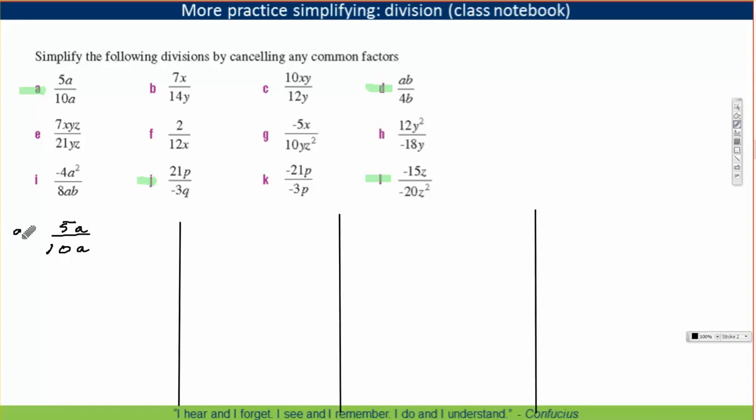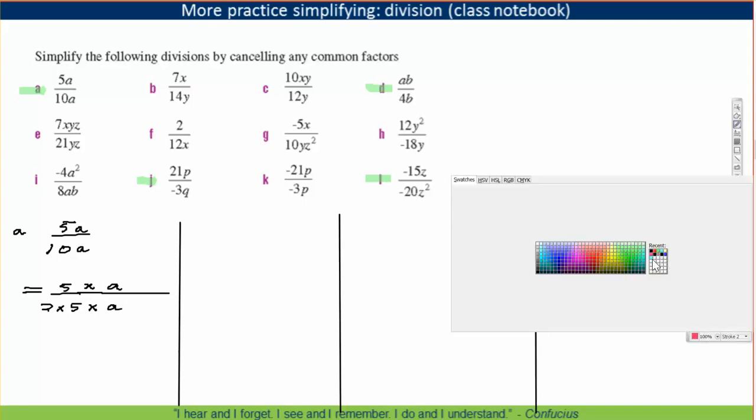Let's check the first one. You've got 5A over 10A. Hopefully you see there's a common factor of 5. 5 goes into 10 twice. That's one way of writing it. Times by the A, times by the A. And you see we've got a common factor of A as well.